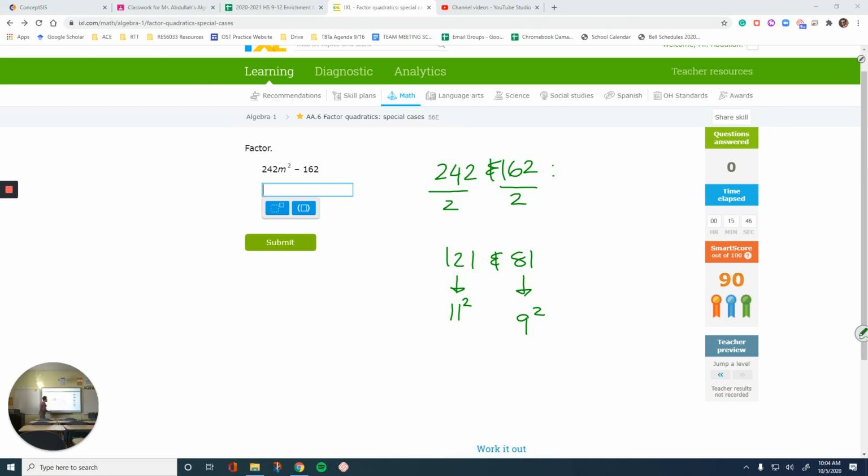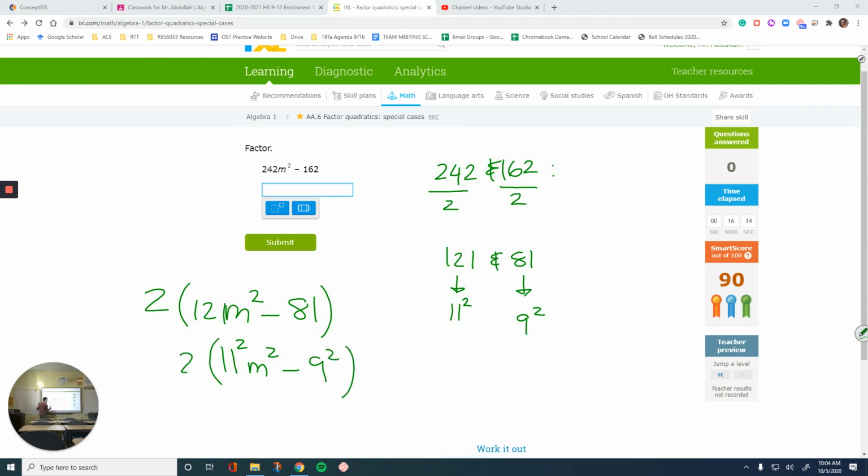So when I factor the 2 out of 242, that becomes 121. I'll keep the m squared the same. And then minus 81. And as I did over here, 121 is 11 squared, and then it's times m squared minus 9 squared.